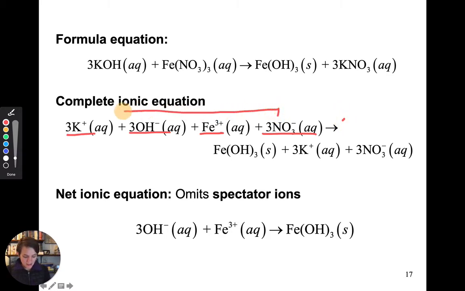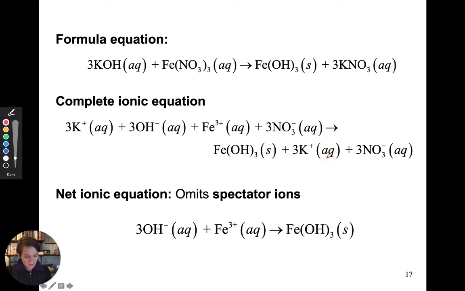Our nitrate and our potassium can interact with each other, and our iron and our hydroxide can interact with each other. And we see that iron hydroxide is going to crash out of solution. It is going to precipitate. Notice it's written as a solid and it's written together. Why? Because they're no longer aqueous. They're no longer free agents in solution. They've crashed out of solution together.